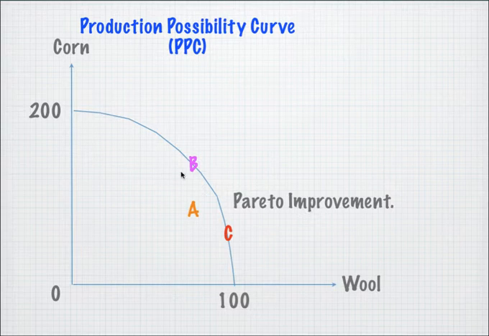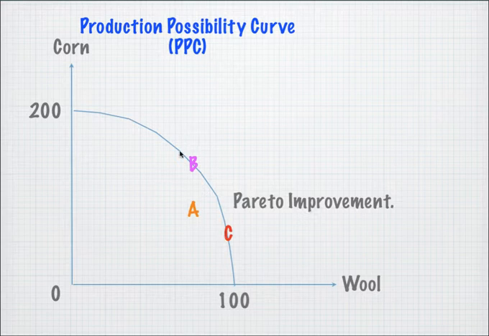It becomes clear because if, let's say, at point B you have a distribution of income among consumers where everyone values corn and wool more or less equally, and you shift income to people who value wool more highly, then point B is not going to be allocatively efficient anymore. Because if people value wool more highly, somewhere, let's say point C, will be an allocatively efficient point instead, because at that point, consumers' welfare will be higher.